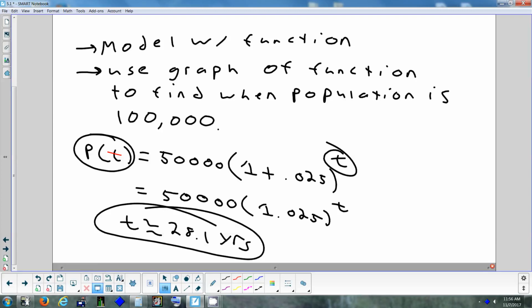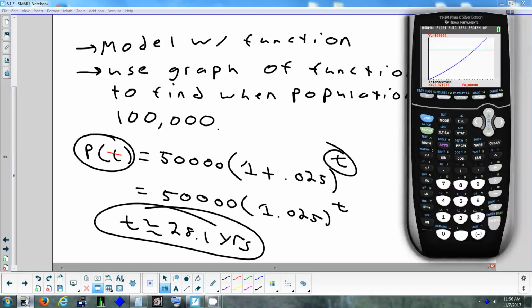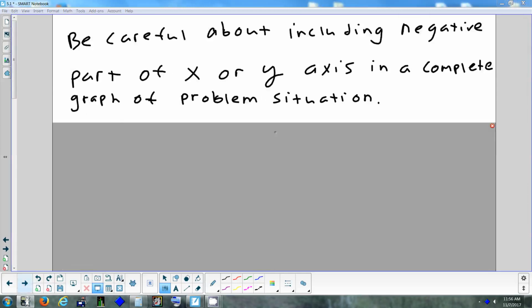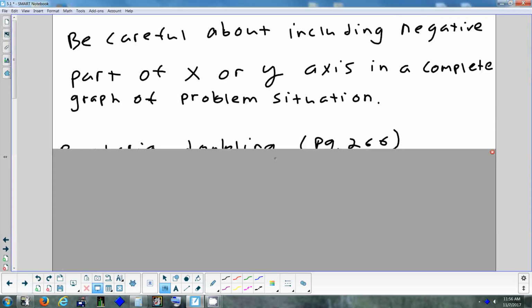Any questions on that one? Yeah? What'd you put in for the first one? 1.025 to the x. Alright. Yep. So as always, be careful about your window, whether or not you should include negatives, because sometimes negatives don't make sense.